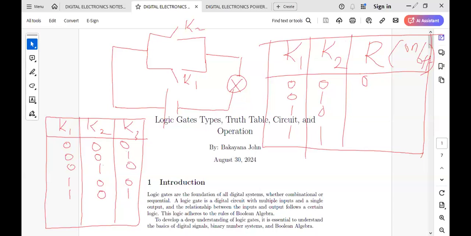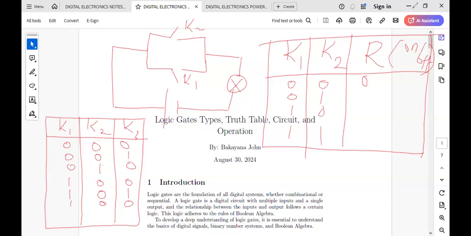So there is a possibility of having the first one closed, the second one open, and the third one what? Yes? Mr. John. Yes?